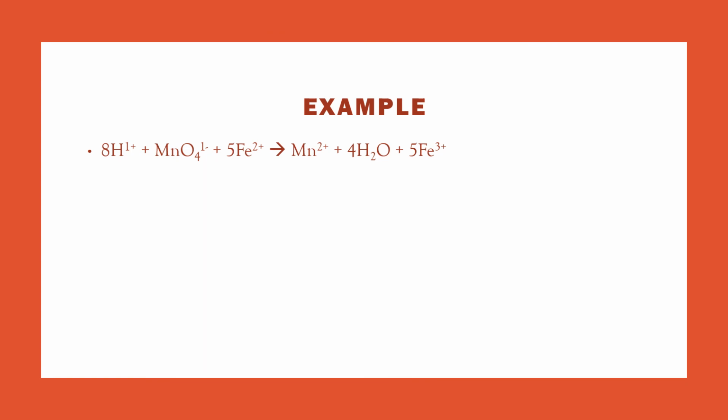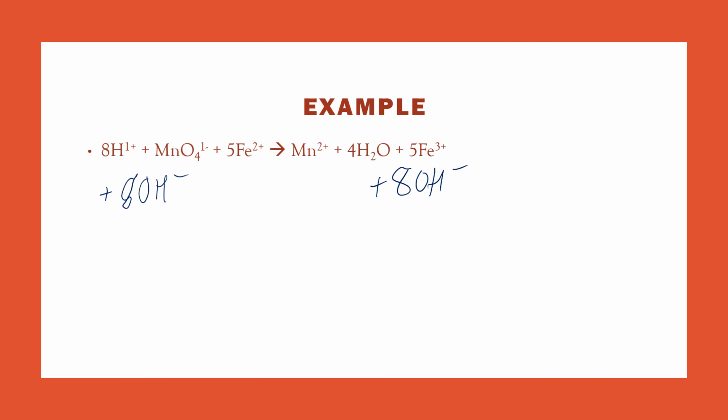So here's our balanced reaction from that previous example. So this one's all balanced, but now let's say we want to do it in basic solution instead. So because we have 8 hydrogen ions, I need to add 8 hydroxide ions to both sides.